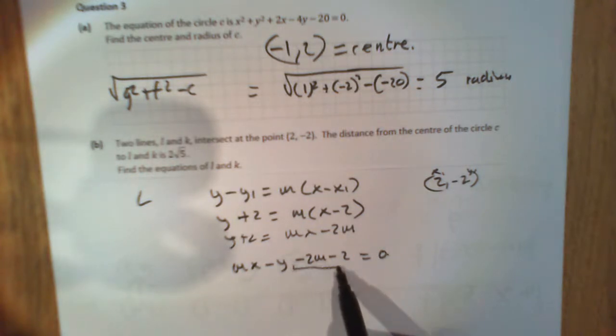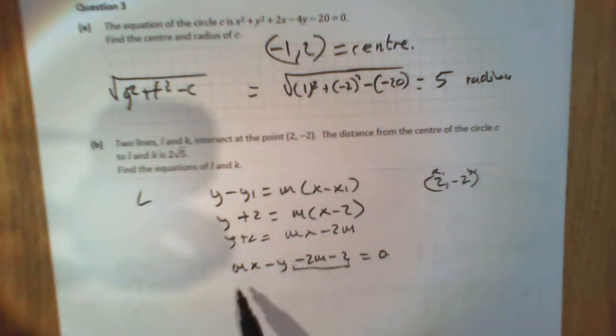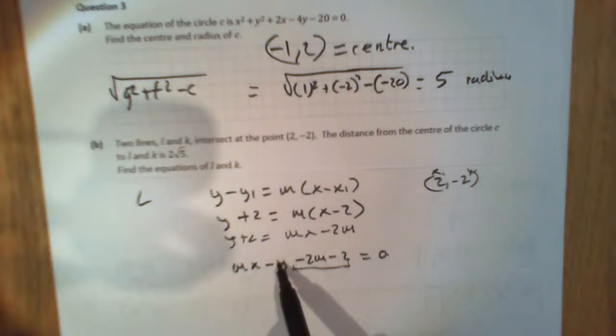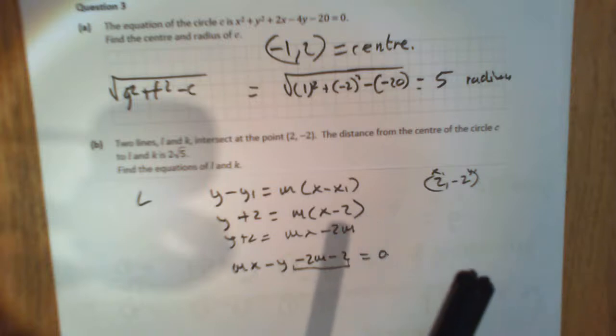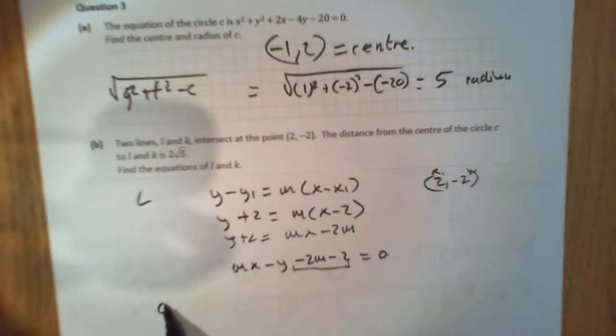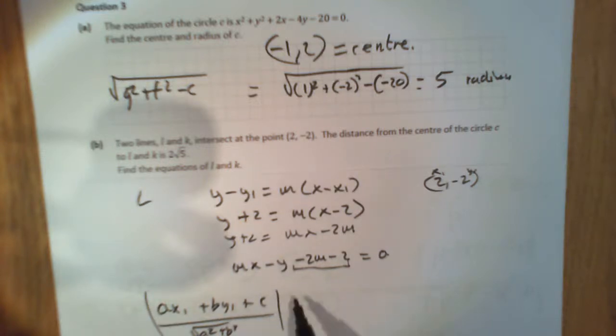This whole bit here will be the constant. There's your coefficient of x, there's your coefficient of y. I'm just trying to build this ahead now into our perpendicular distance formula. So our perpendicular distance formula is, if I remember correctly, ax1 plus by1 plus c over the square root of a squared plus b squared, and it's an absolute value.